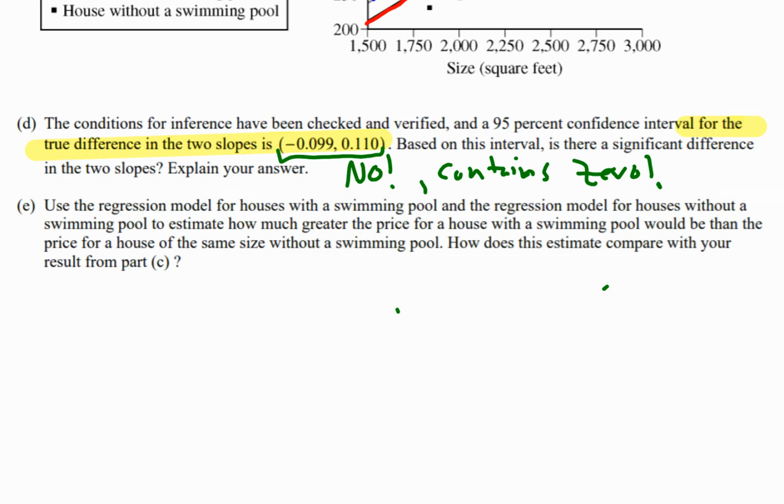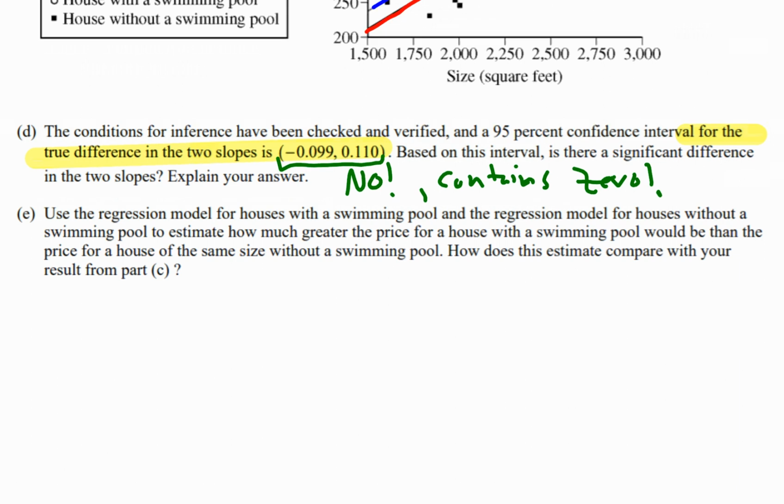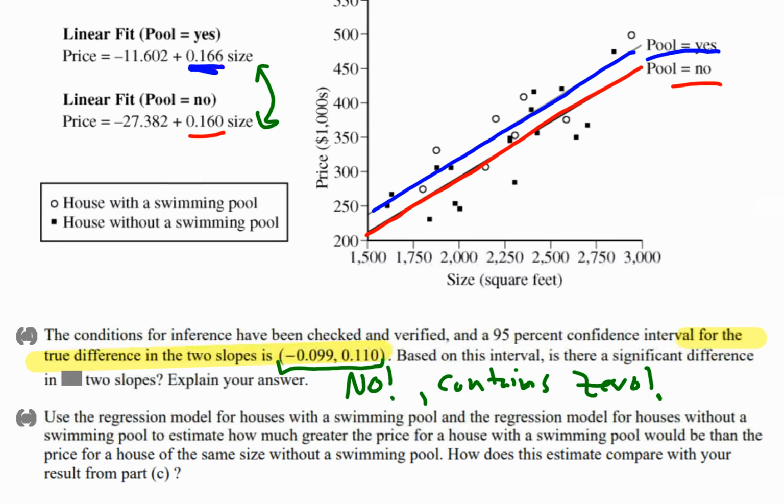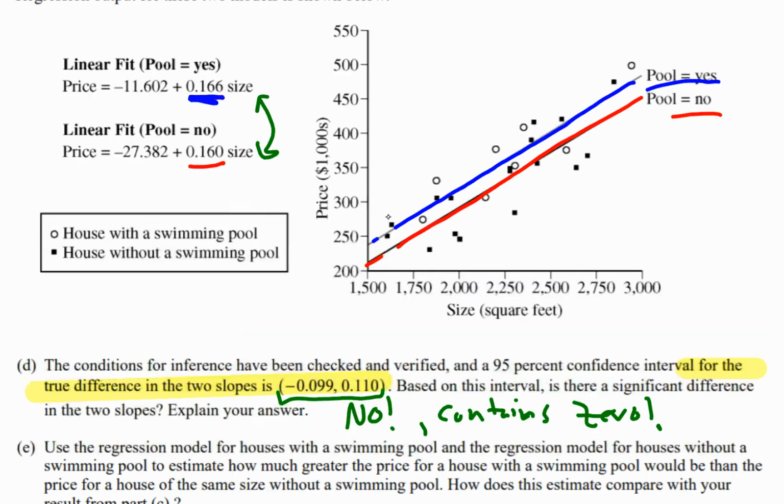Okay, so since we've just shown that these two lines in part D don't have a significantly different slope, that would mean the vertical distance between them, I could estimate just by finding whatever that vertical distance is. I'm drawing these little green lines in, but that's just the vertical distance between the two y-intercepts, which exist in the equations. So what I can literally do is just subtract them.